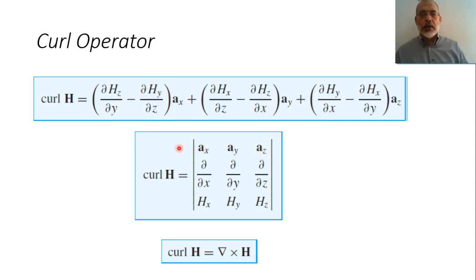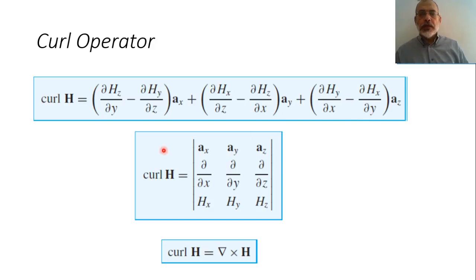If you are talking about the y component, it would be negative, partial Hx by partial z minus partial Hz by partial x, and since we already have a negative, minus minus becomes positive, so positive partial Hx by partial z. Finally, the az component would be partial Hy by partial x minus partial Hx by partial y.